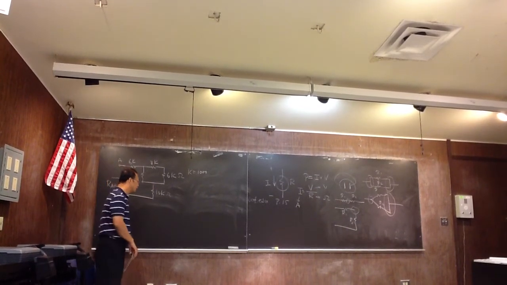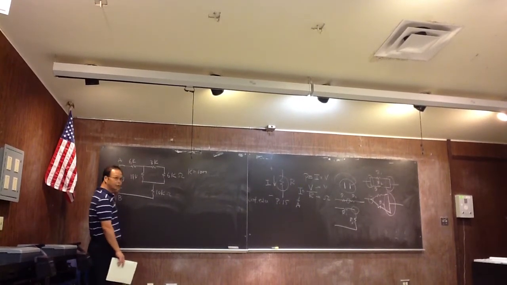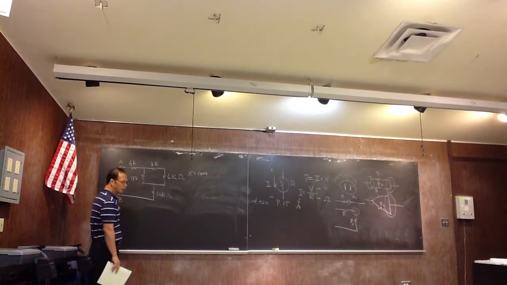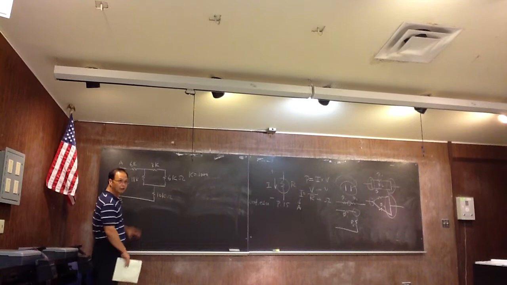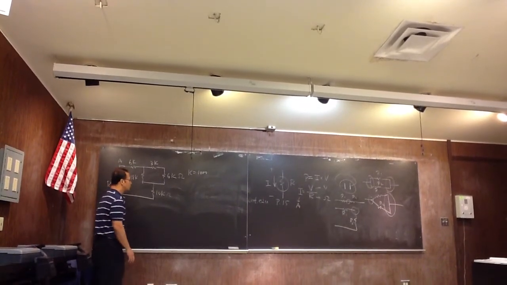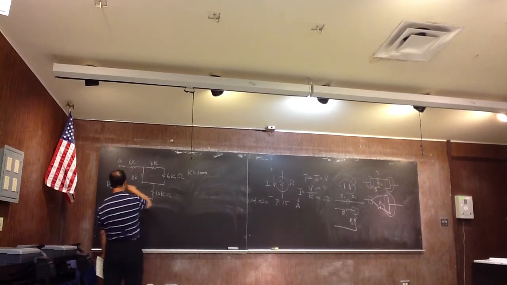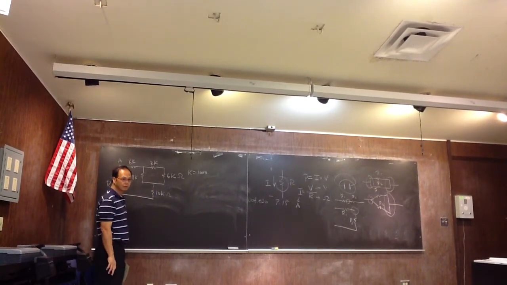When you try to find the equivalent resistance for these two terminals, and because the terminals are located on the left-hand side, normally you want to solve this problem from the right-hand side, from the opposite side of the terminals.